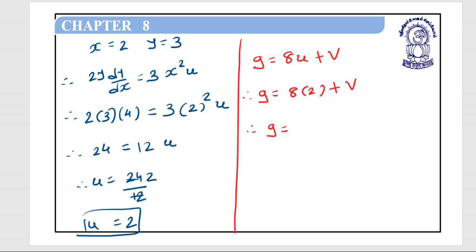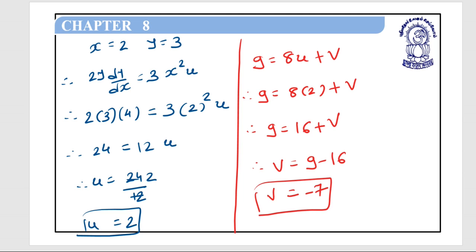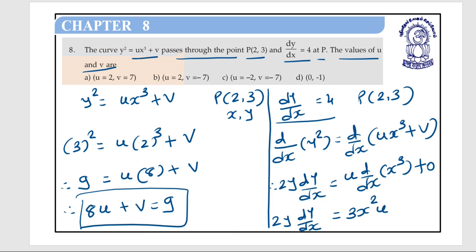So 9 is equal to 8 2s are 16 plus v. So v is equal to 9 minus 16, which is minus 7. v is equal to minus 7, u is equal to 2, v is equal to minus 7. So option B is the right answer.